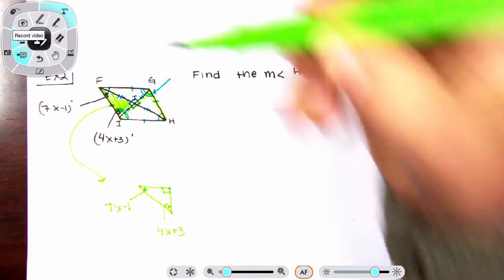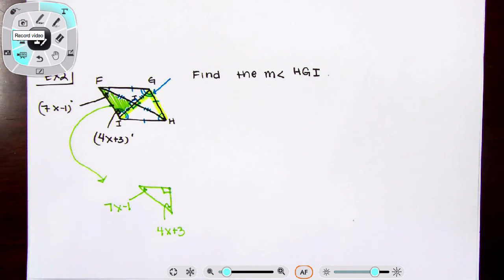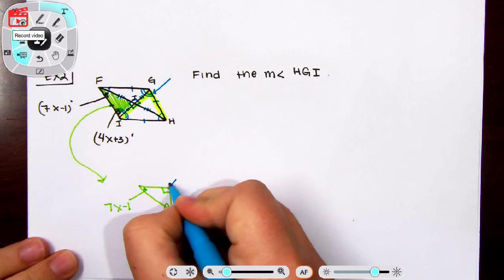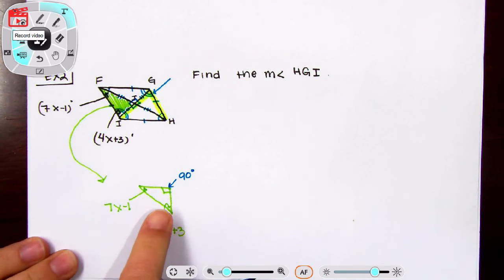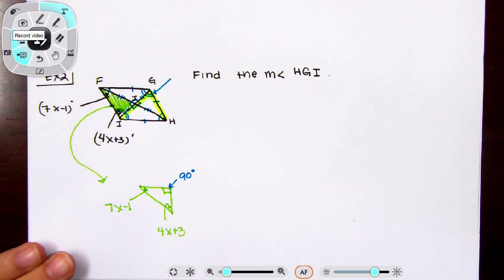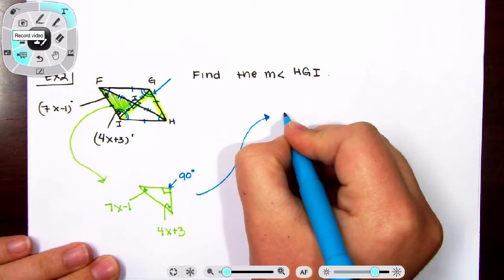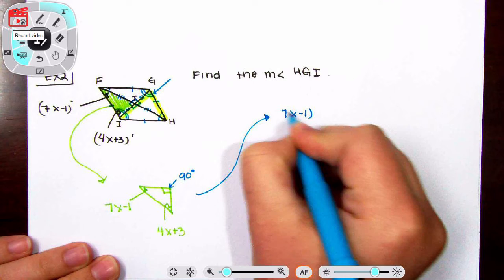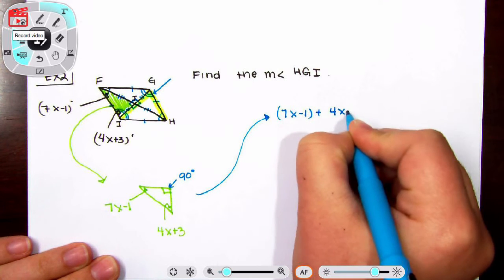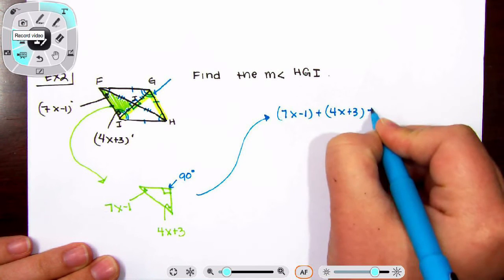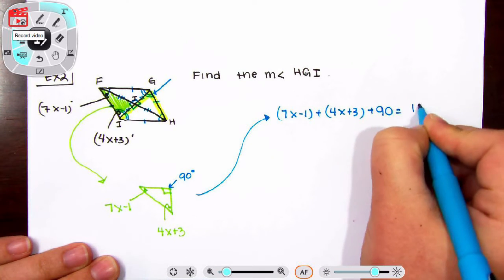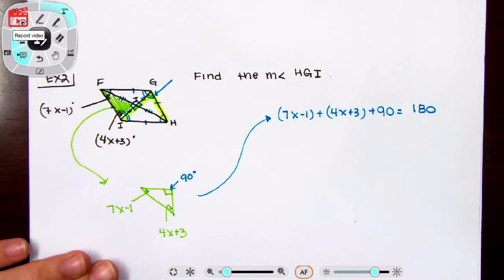That triangle has a 90-degree angle because the diagonals bisect each other, but they also are perpendicular. So because it's a full triangle, 7x minus 1 plus 4x plus 3 plus 90 is all going to equal 180 degrees.